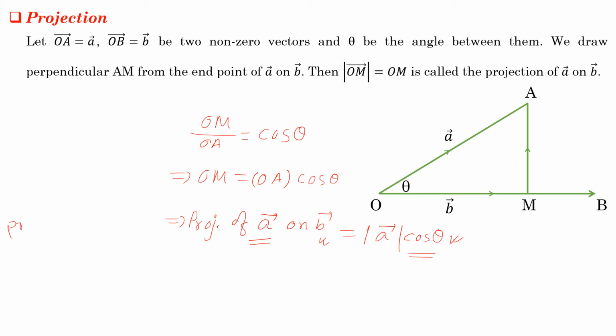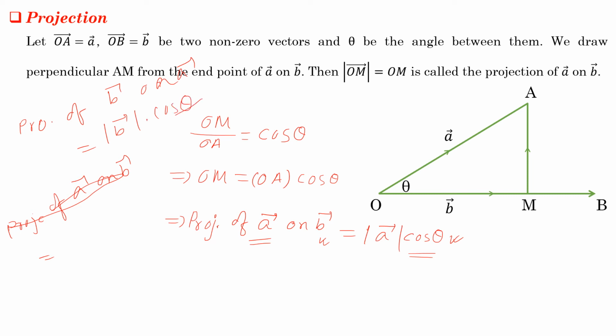So I am taking the projection of B bar, so you multiply mod B bar into cos of the angle between the vectors, meaning theta. It is mod B cos theta only. Is that clear?